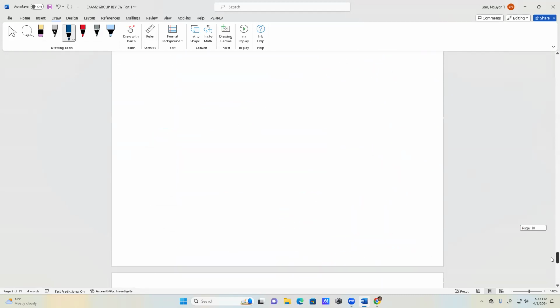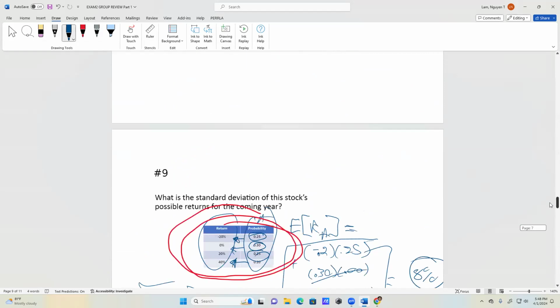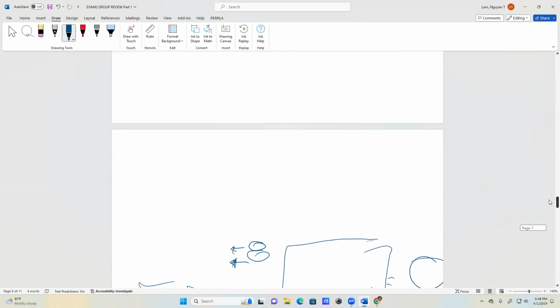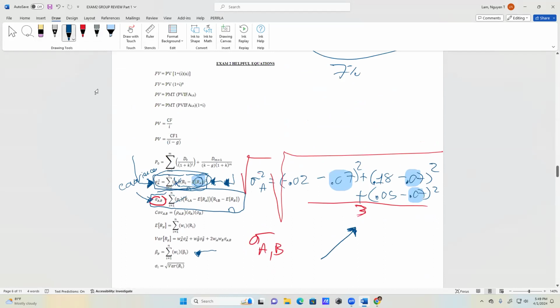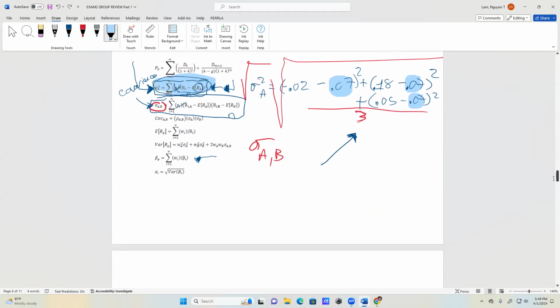It's going to be this one right here, this entire one, because it involves just one asset, and it's asking to find the standard deviation. This one is variance, so you have to square root. That's a reminder.